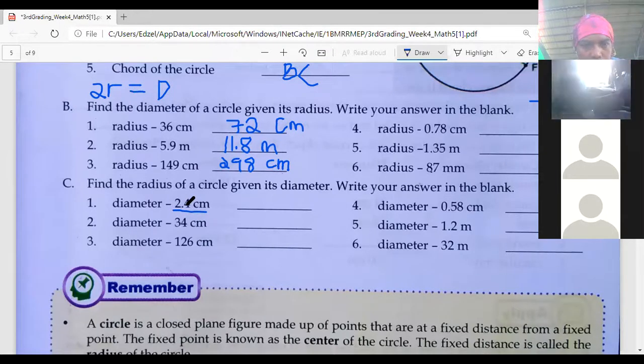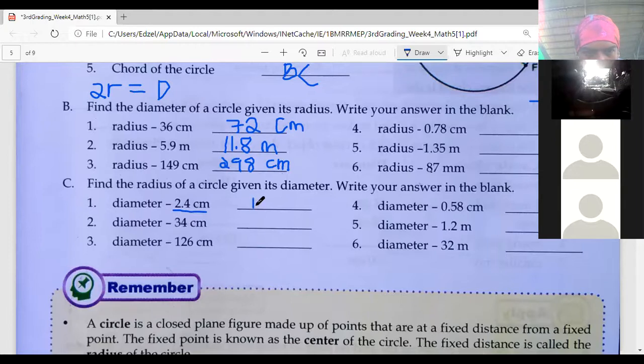So, ang radius is 1.2 cm. So, baliktaran lang ito.